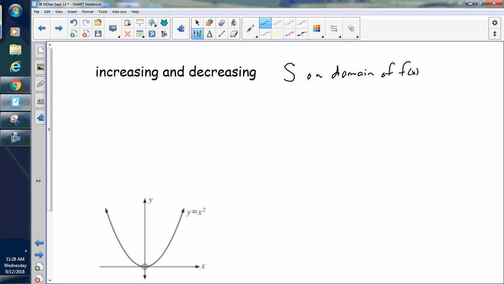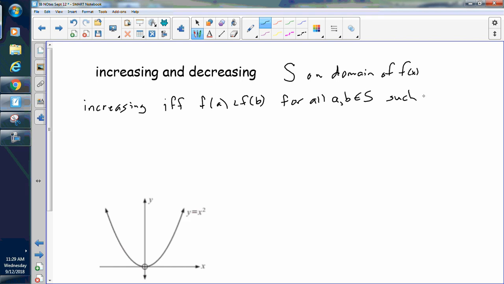We're going to say that it's defined for all s in S. So we say f of x is increasing if and only if f of a is less than f of b for all a and b that are members of S. So you take any two members out of S, and if f of a is less than f of b, if that shows that a is less than b, then the function is increasing.